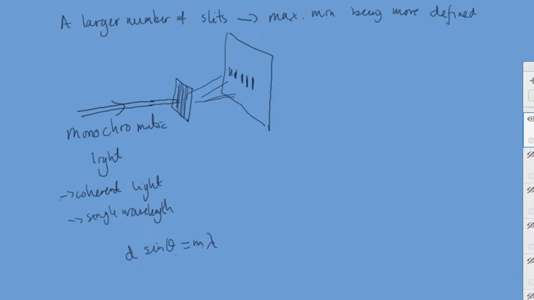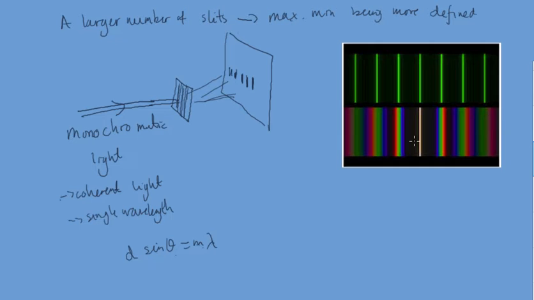And if you were to pass a white light through our diffraction grating, you would get something like this, where up on the top is some green monochromatic light from a laser, but down here you've got this rather beautiful interference pattern.